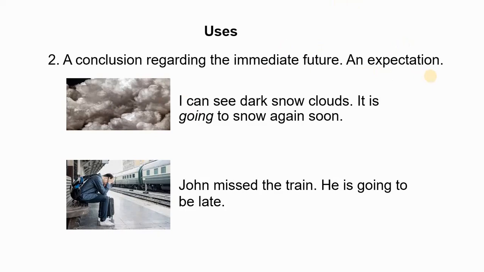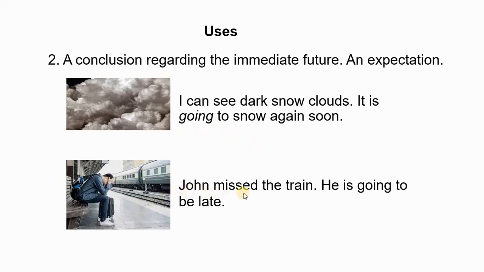It is expected to happen that it is going to snow. So we use the future tense. We use going to snow. So going plus the verb in the infinitive, to snow.